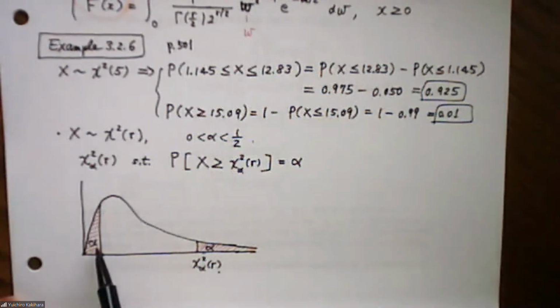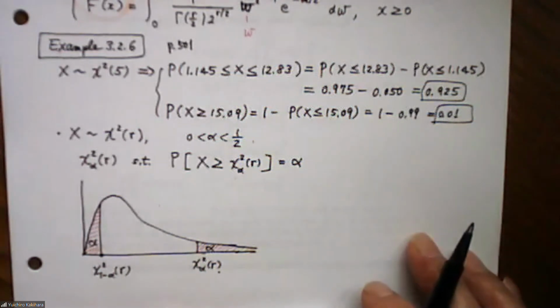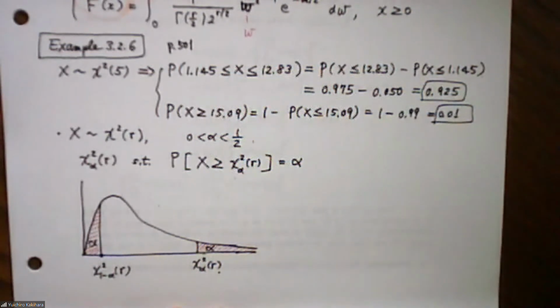Then this side's area is alpha. Can you tell this point? This is our chi-squared sub alpha of r, and this other point is chi-squared sub 1 minus alpha of r.